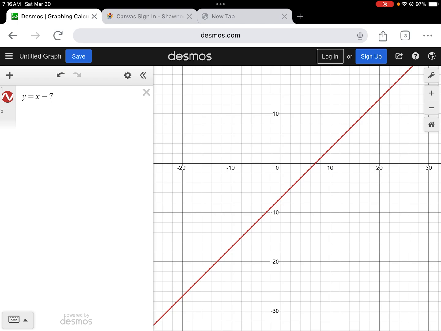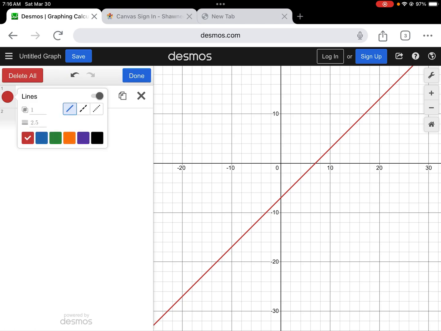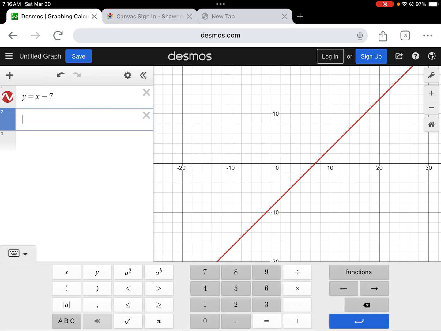There's that line. And in our stuff, it was pink. Well, we'll leave it red. And then the inverse came out to be y equals x minus 7. Nope, x plus 7, my bad.